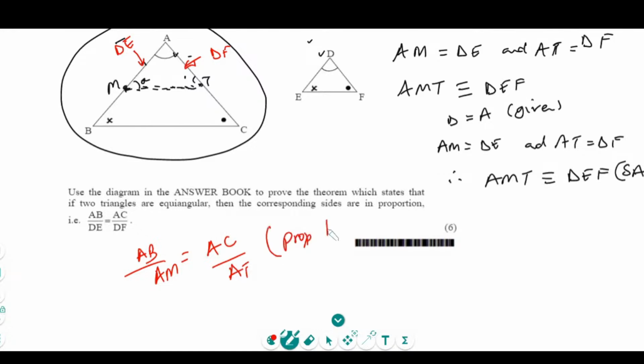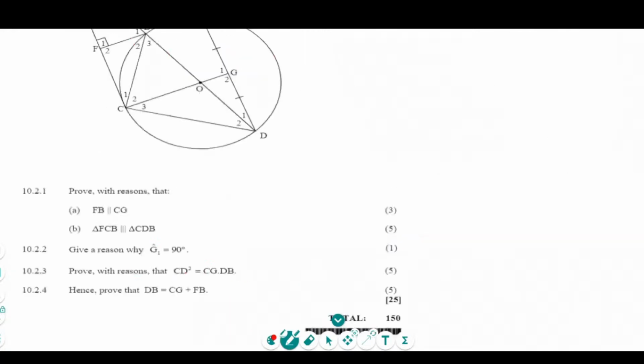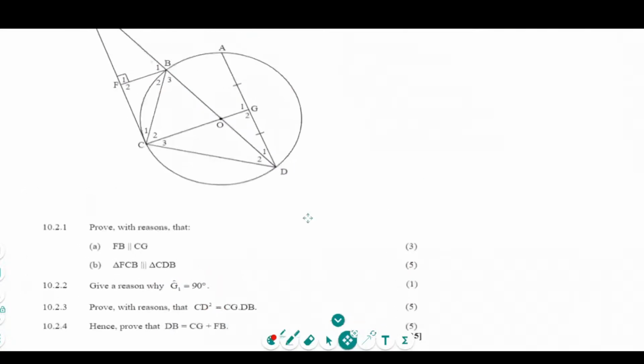This is the proportionality theorem. Then you just substitute the AM with the DE. Therefore, AB over DE is equal to AC over DF. Guys, you can always get this from your textbooks, your notes.